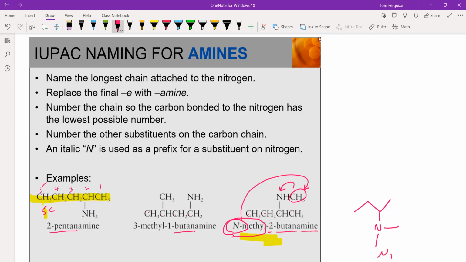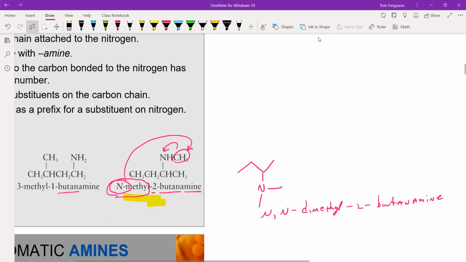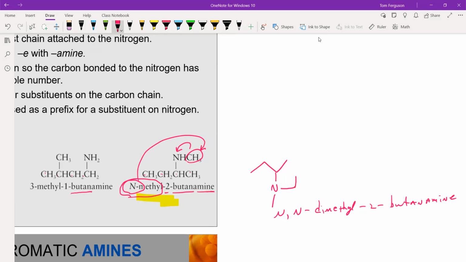And say instead of 2 methyl groups, it was an ethyl and a methyl, then it would be N-ethyl-N-methyl amine.